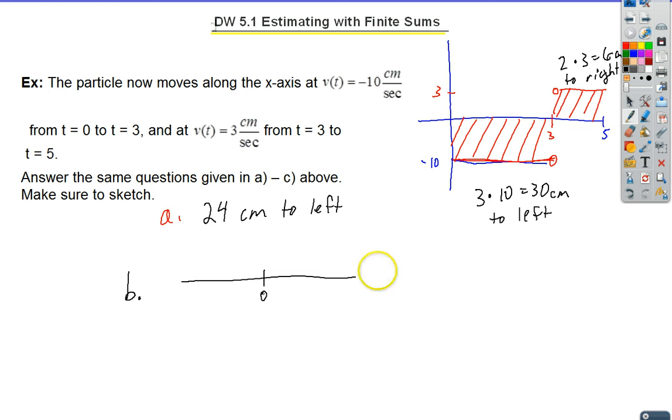Again, my final position is equal to my initial position plus my displacement, which is equal to 0 plus, as we found out, negative 24. So my final position is equal to negative 24.